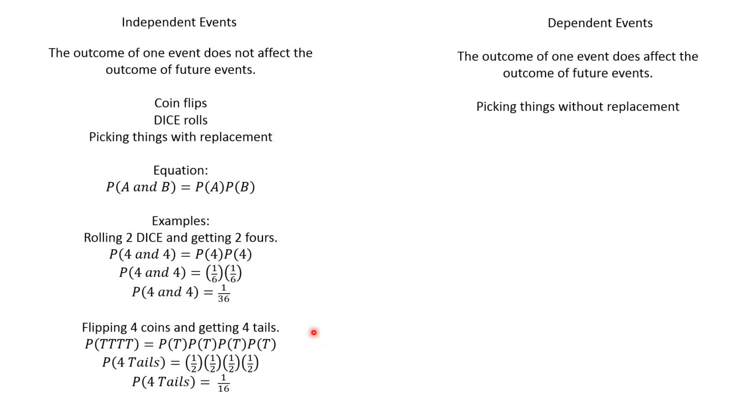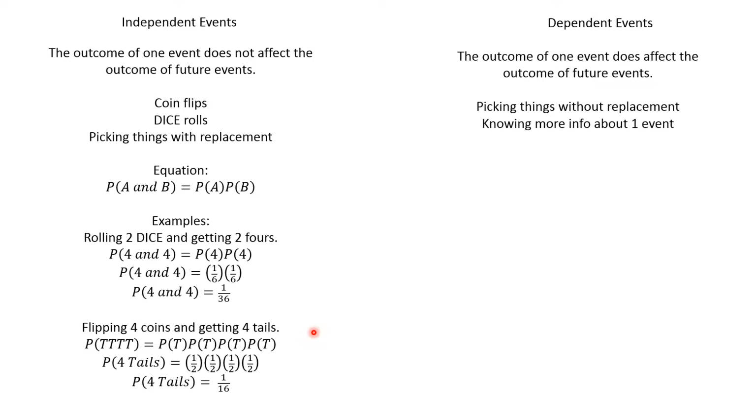Decks of cards are also typically without replacement, because you don't get a card, look at it, and put it back. You get a couple of cards. Each time you get a card, that's going to change the probability of the deck. And also, sometimes we know more info about an event.